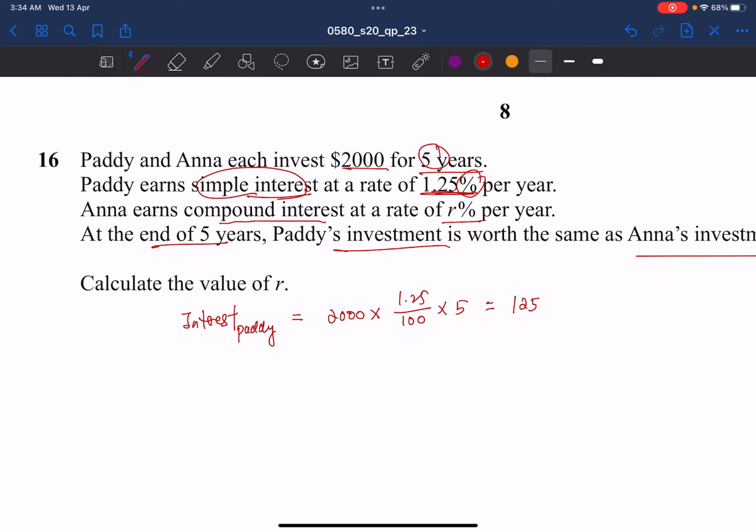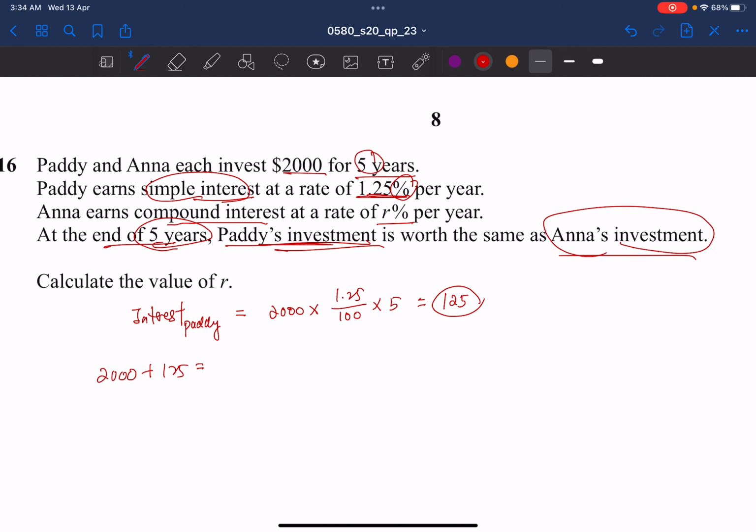After 5 years, Patty's investment is her principal plus the interest earned, which is equivalent to Anna's investment, according to the formula of compound interest.